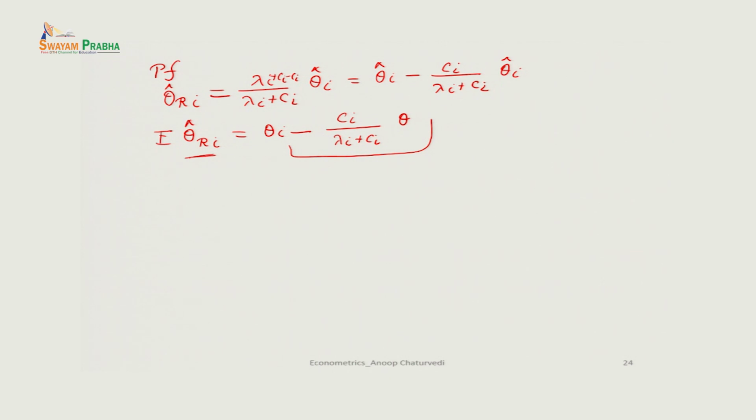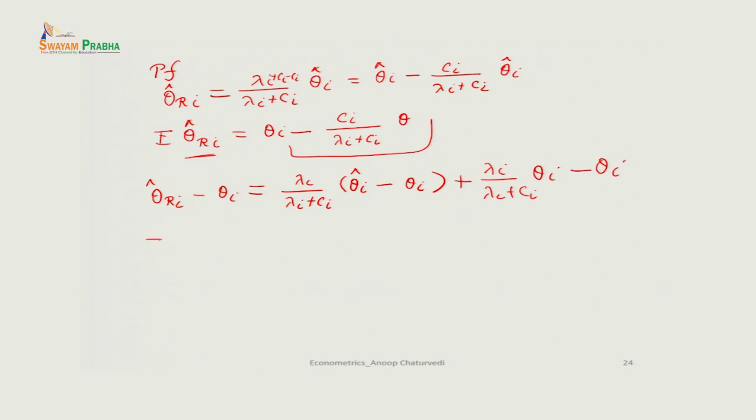Further, to obtain the mean squared error, we write theta hat r i minus theta i as lambda i upon lambda i plus C i times theta hat i minus theta i, and then since you have subtracted theta i here, we add lambda i upon lambda i plus C i theta i here, and then you have minus theta i.